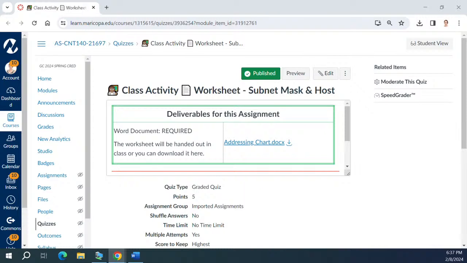Go ahead and mark that we did it in class. And I want you to save this and study from it and keep practicing your binary.